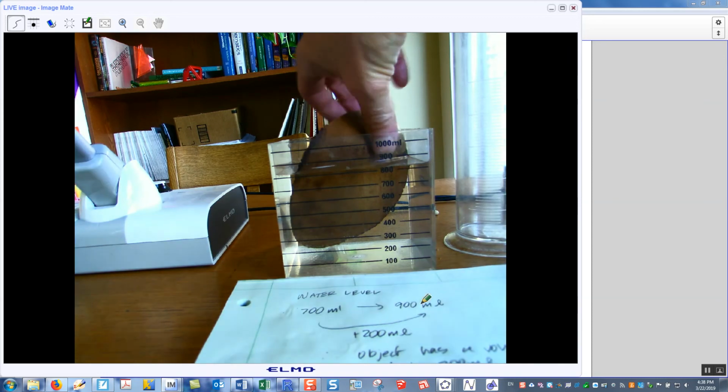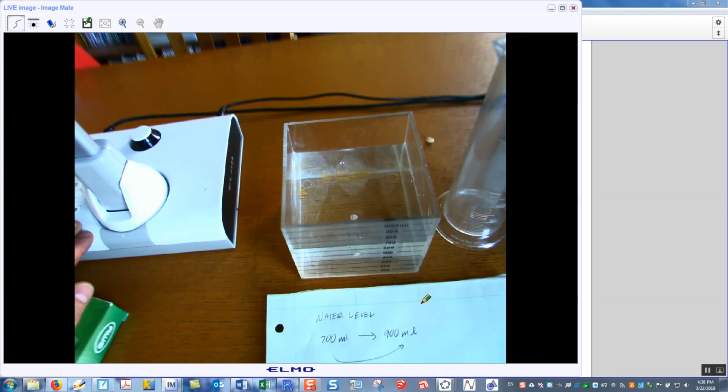It would be nice if we had some lines here to measure, so I'm really guesstimating at this point, but we know at least 100 change here and just a little bit underneath 700. So I'm going to call it, let's say, 690 to 820. Okay, 690 to 820 when I put this wooden block in there. Okay, so let's think about what that means according to Archimedes' principle.